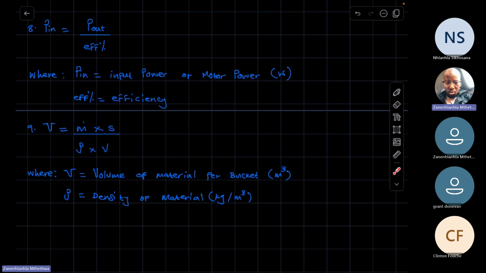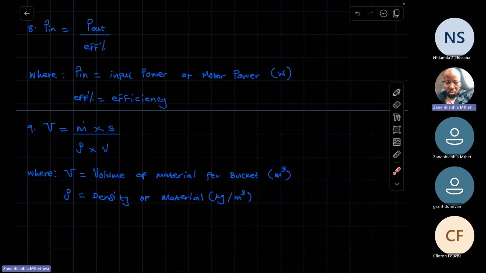Now, if they've asked you to calculate any of these quantities, so this here is the volume. If you have the mass of the material in each bucket, you essentially have the volume of material in each bucket. So this formula is for calculating the volume.